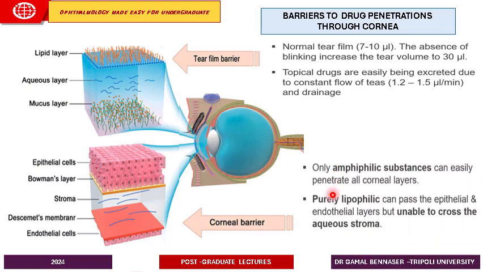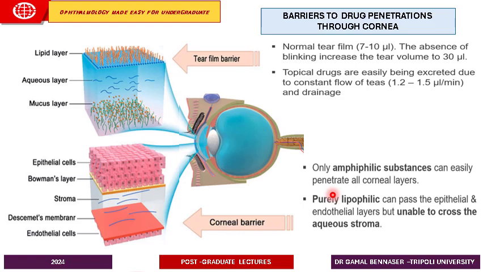For any substance, an ideal substance that should be able to bypass the tear film and the corneal layers should be an amphiphilic substance. This amphiphilic character means that it is able to dissolve both in lipid media as well as in aqueous media. So a purely lipophilic substance will bypass, for example, the epithelium, but will be stuck in the epithelium because it will not be able to bypass the stroma, because the stroma is an aqueous layer.